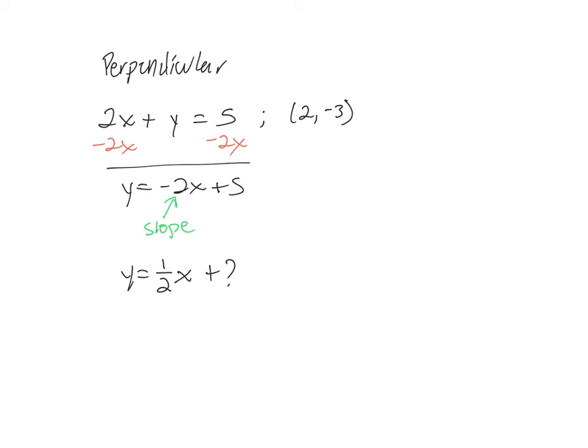Okay, so I'm still going to use y equals mx plus b. But when I plug in the information, the y part is -3. The m that I'm using is 1/2. The x is 2. Okay, so 1/2 of 2 is 1.